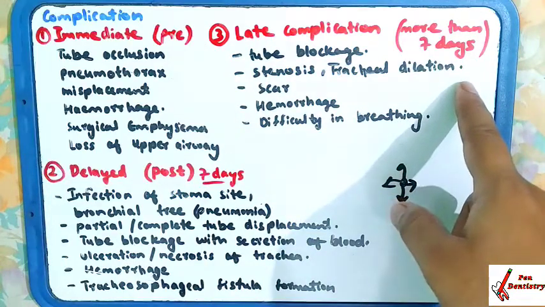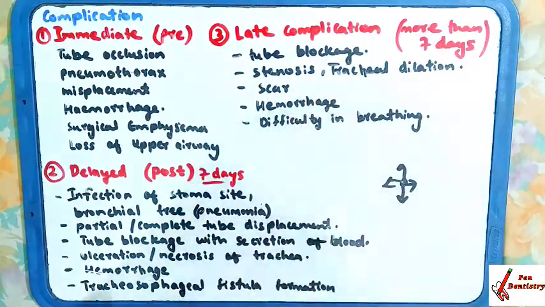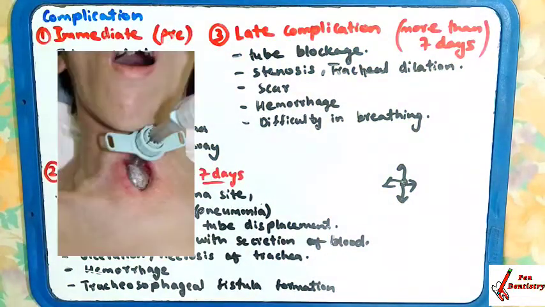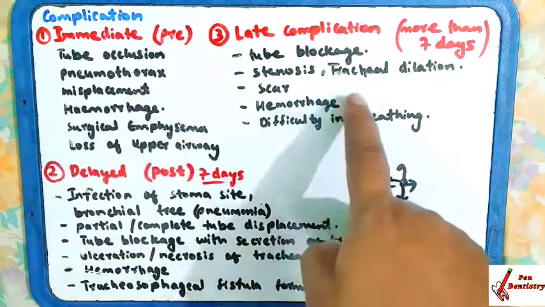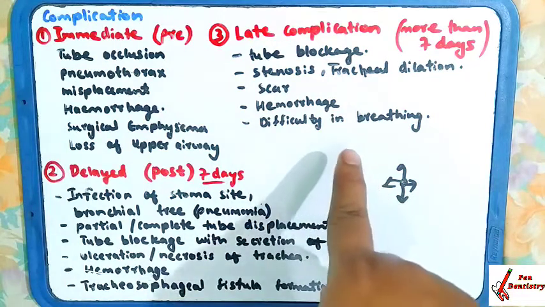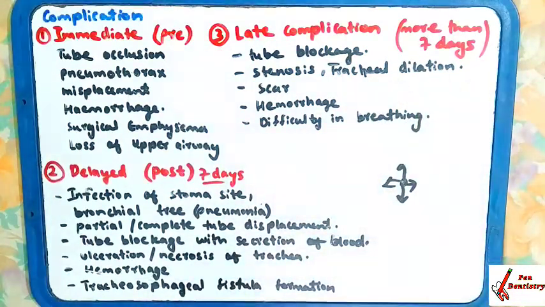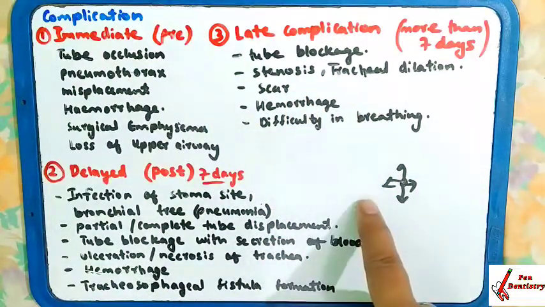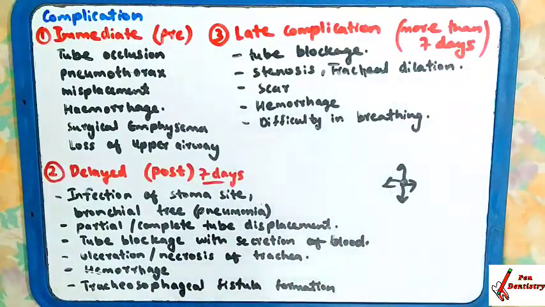This is the late complication, and there will be formation of scars in the region where the tracheostomy was performed, and hemorrhage again as I have told you, and difficulty in breathing. These are the complications which we see during or after tracheostomy, in your surgical areas or surgical process.